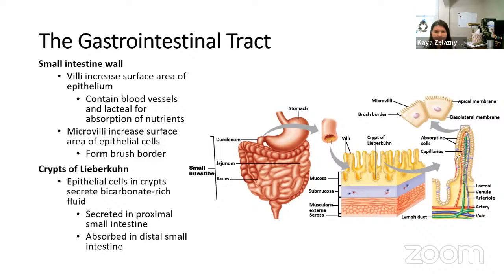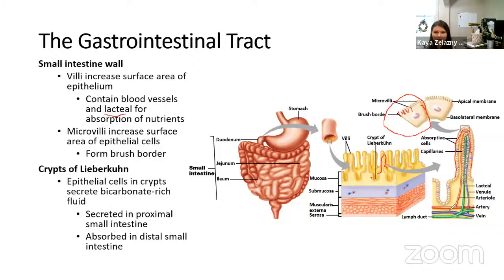In between these epithelial cells, we also have projections of the cells themselves. So the cells have microvilli, and then the cells are structured in these kinds of projections. These projections contain blood vessels and a lymph structure called a lacteal.